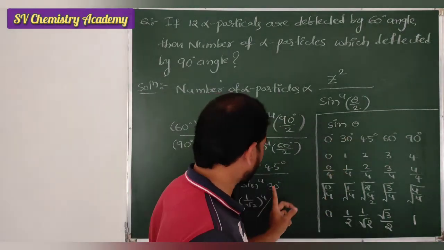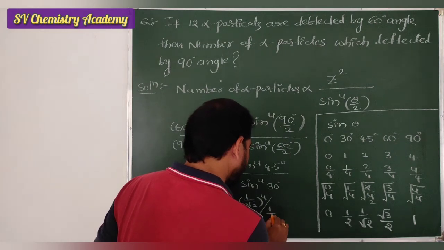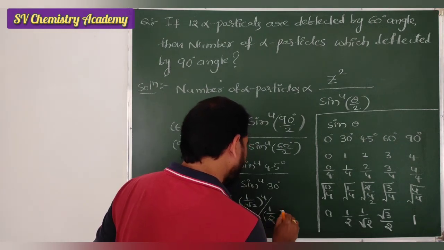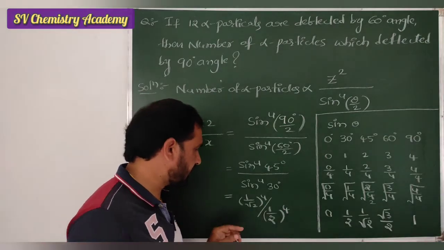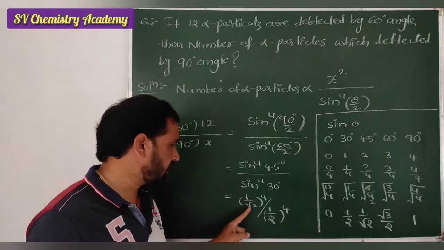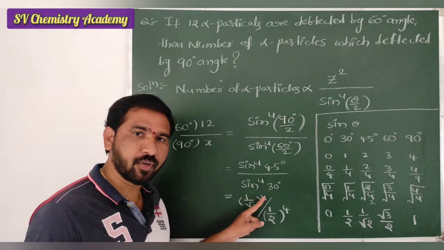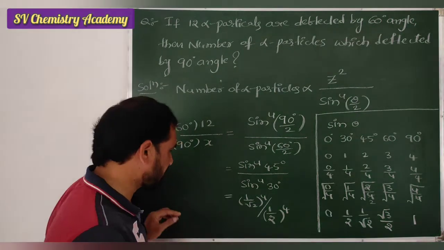Sine 30 degrees means 1 by 2, therefore this is 1 by 2 power 4. Is it clear? So 1 by root 2 power 4 means this is 1 by 4. Is it clear, beta? 1 by 4.